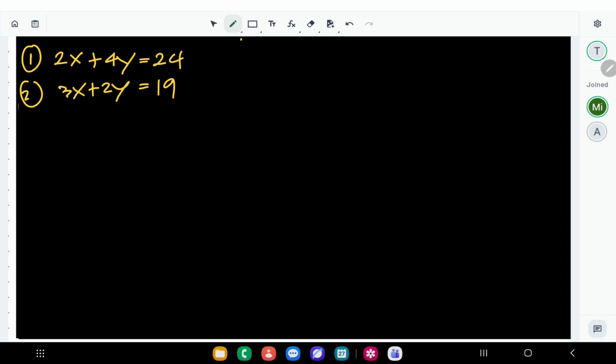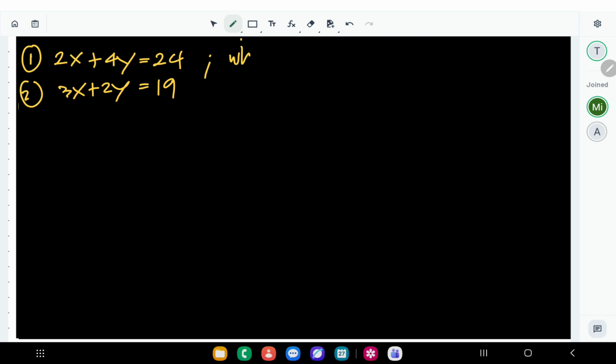Okay, the first equation is 2x plus 4y equals 24. And the second equation is 3x plus 2y equals 19. Alright. Oh, we can do elimination here. Or we can just simply graph this, right? Or let's find the y-intercept first.